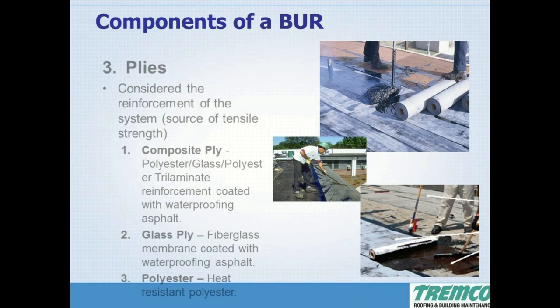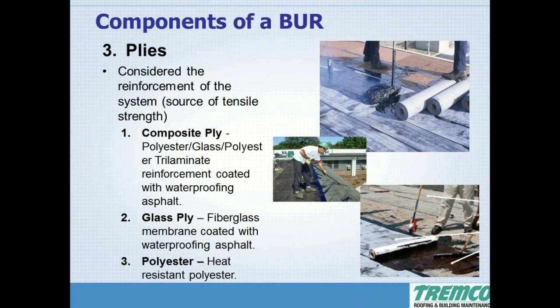Next we have our plies. The plies are considered the reinforcement of the system, or you can also say they're the main source of the tensile strength. Now, what different types of plies do we have? The first one we list is a composite ply. What is that?